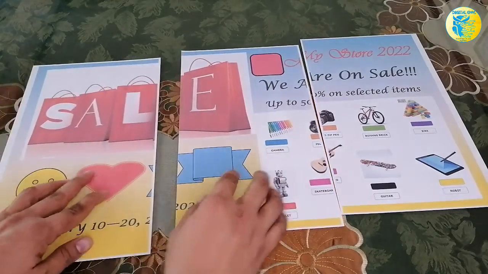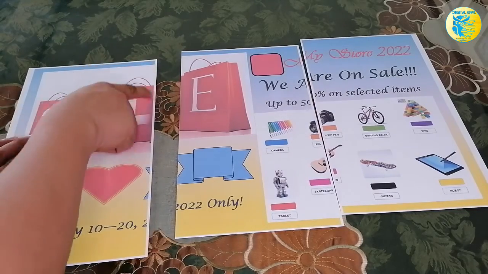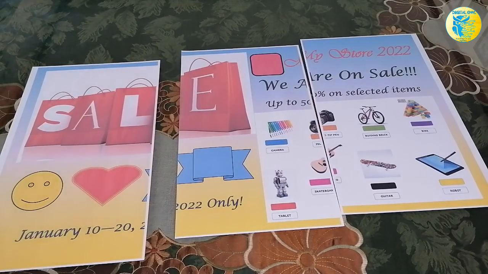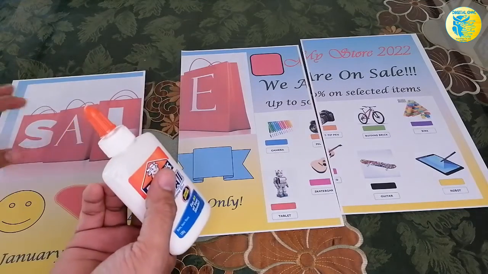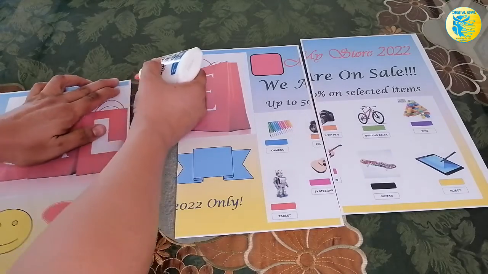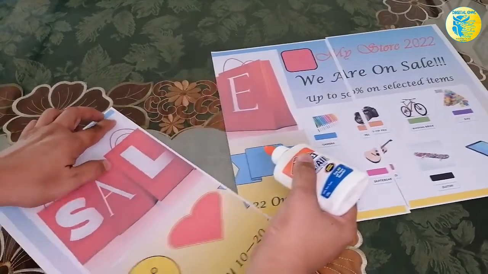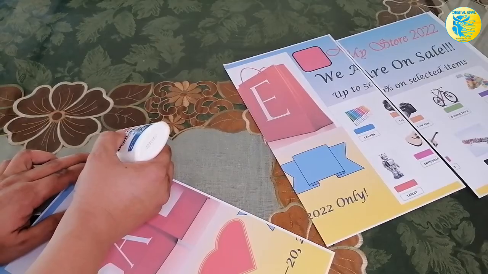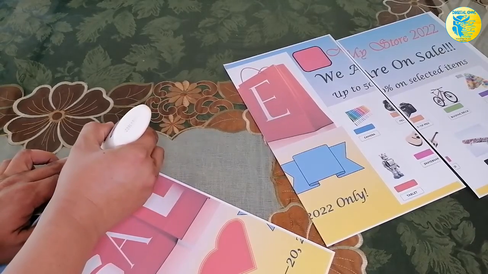Then we place glue on this border, as little glue as possible, because if you apply too much, the excess glue will overflow and it will not look good. Okay, let's put here some glue.